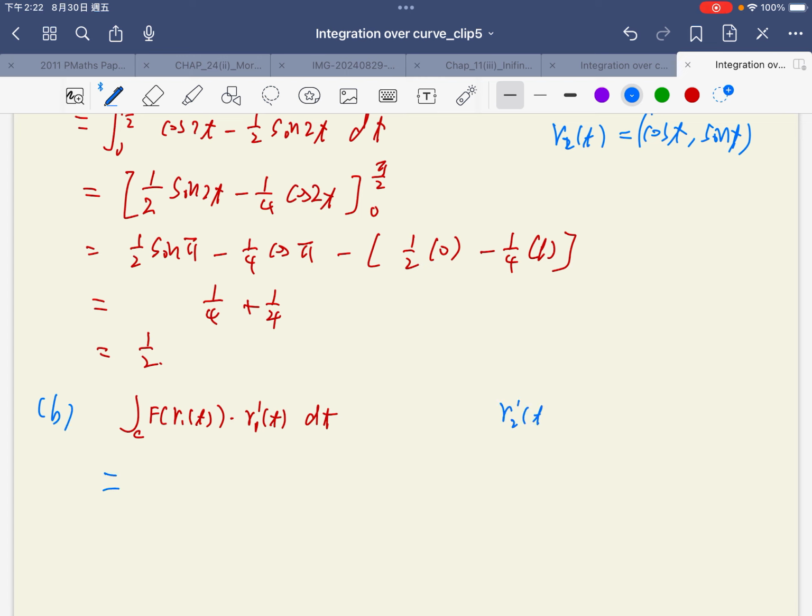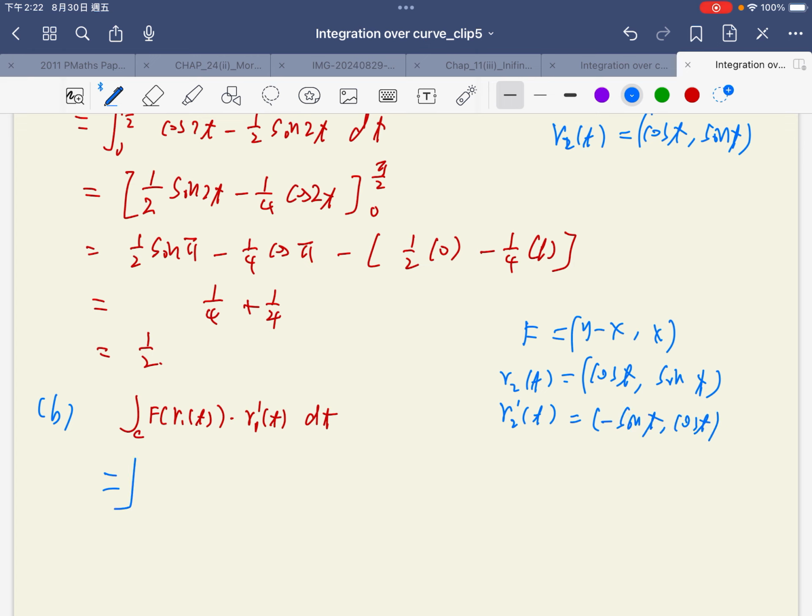Okay, for part B, R2(t) equal to (cosine t, sine t). The f function is equal to (y minus x, x). The derivative of the path is equal to (minus sine t, cosine t). The interval is from 0 to pi over 2.